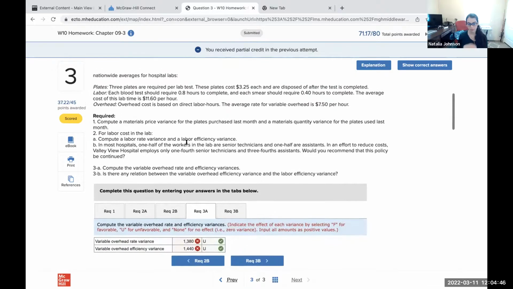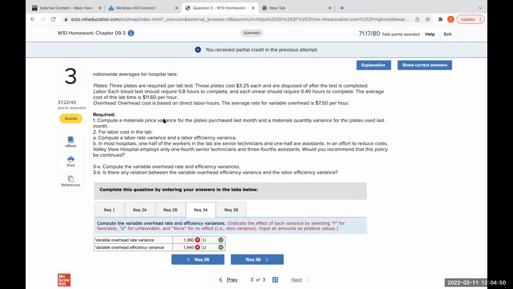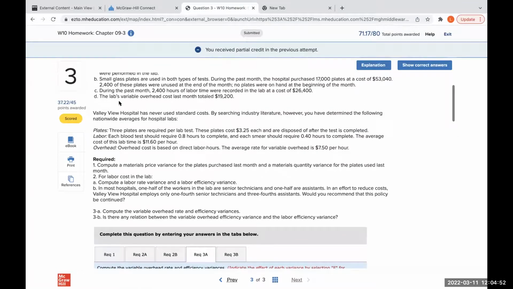They first said 2,400 hours and they gave a price, but then they said the last variable overhead cost last month total, and then they give these.